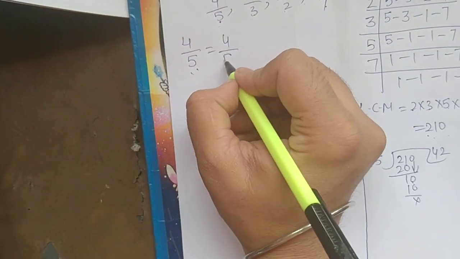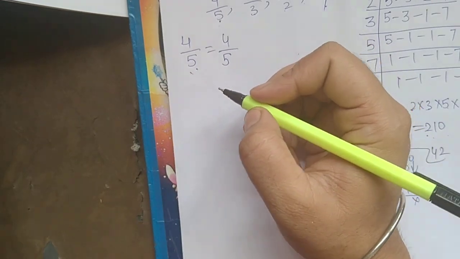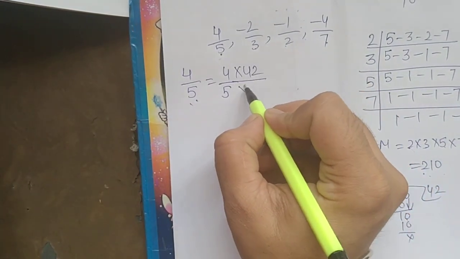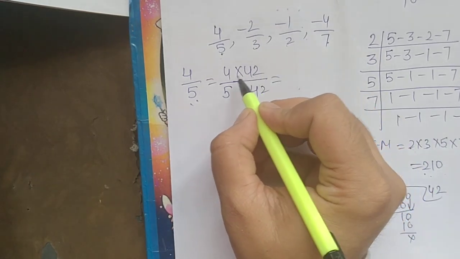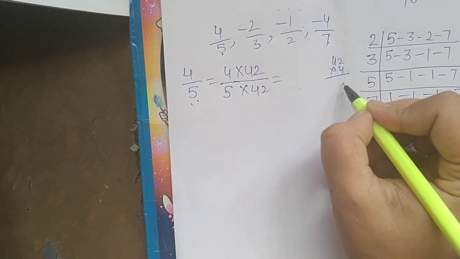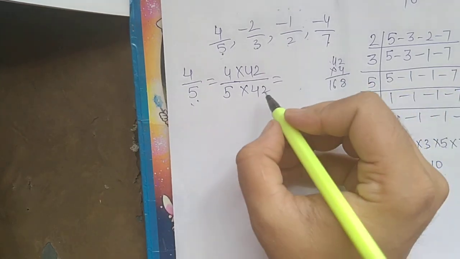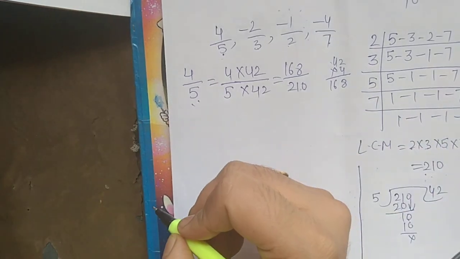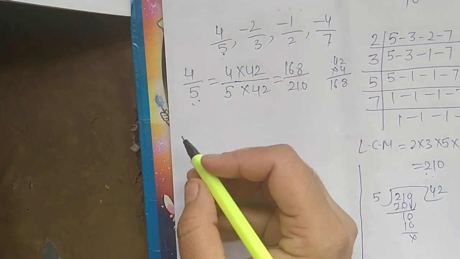So we will multiply 42 with numerator and denominator. Now 42 multiply by 4 is 168, and the denominator will be 210. I think this step is clear to you.